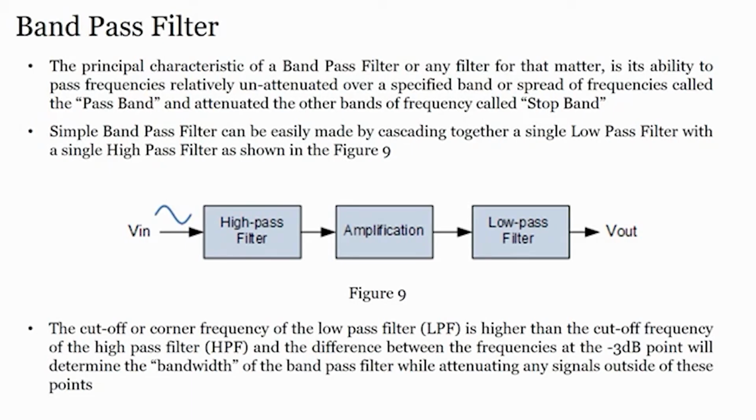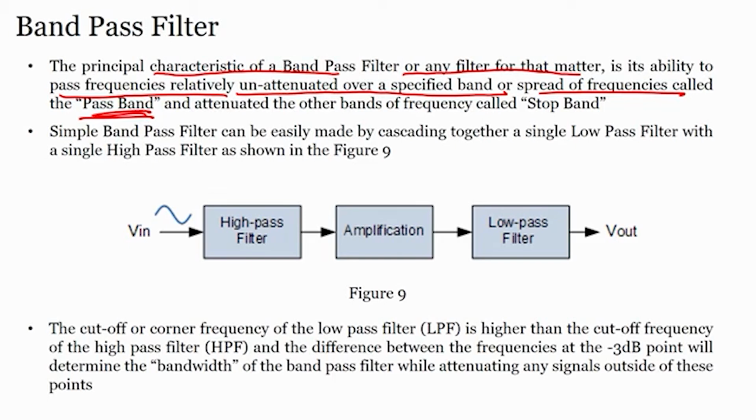The principal characteristic of a band pass filter, or any filter for that matter, is its ability to pass frequencies relatively unattenuated over a specific band or spread of frequencies called the pass band. What does that mean? Any filter's basic ability is to pass frequencies relatively unattenuated over a specific band.